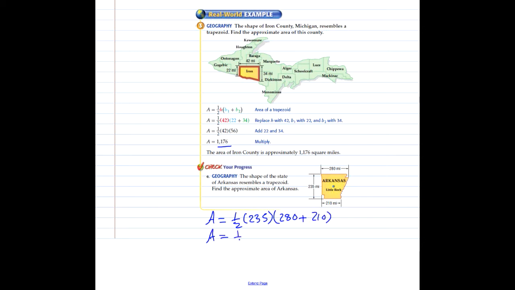So my area equals 1/2 times 235 times 490. So my area equals 1/2 times 115,150. That's the product of these two numbers. My area then equals 57,575 miles squared.